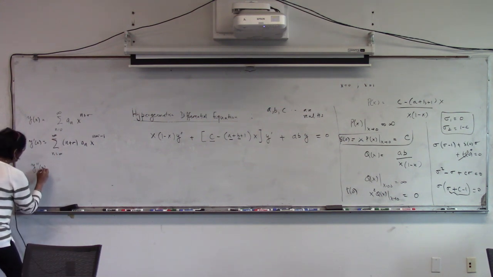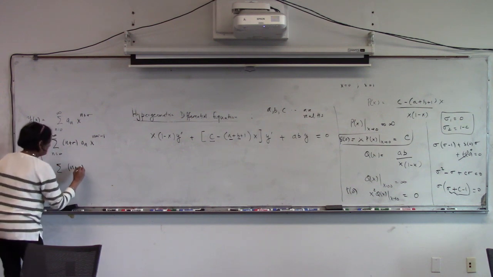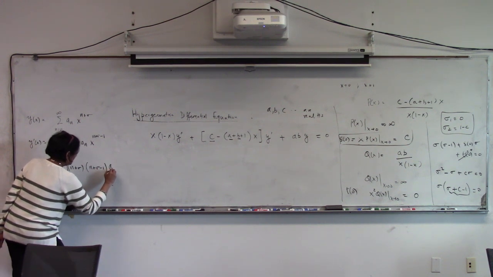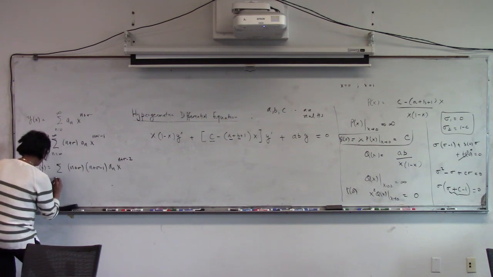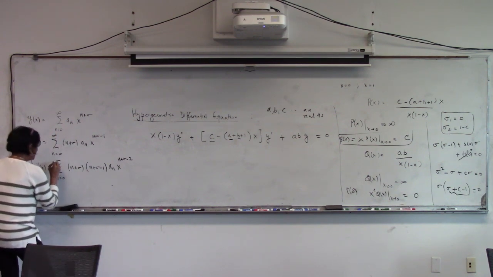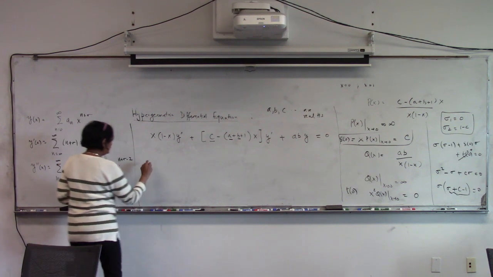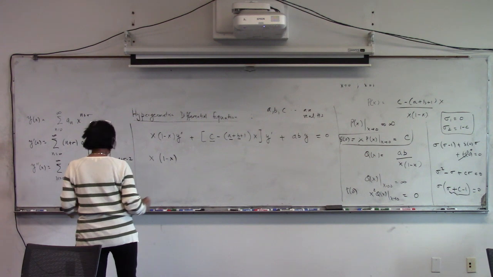Y double prime x is nothing but n plus sigma, n plus sigma minus 1 a sub n x to the power n plus sigma minus 2, n going from 0 to infinity. All right, all that we have done before. So let's get the recursion relationship for this differential equation.